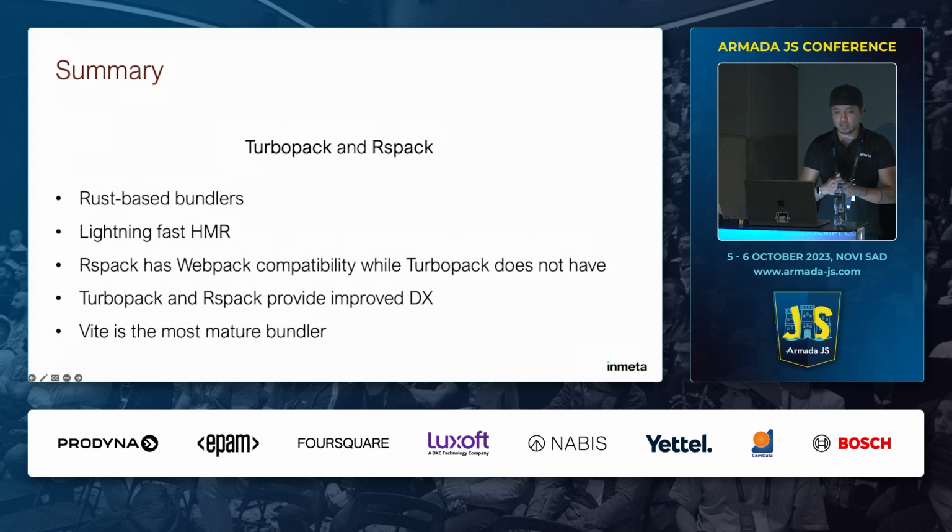Vite is the most mature bundler, which is what I would recommend if you have new projects in the future or on the horizon, or if you want to convert your old Create React App, which uses Webpack under the hood, and you want to have this really good developer experience where you see your changes while hitting Control S or Command S on your keyboard, Vite is what I would recommend.